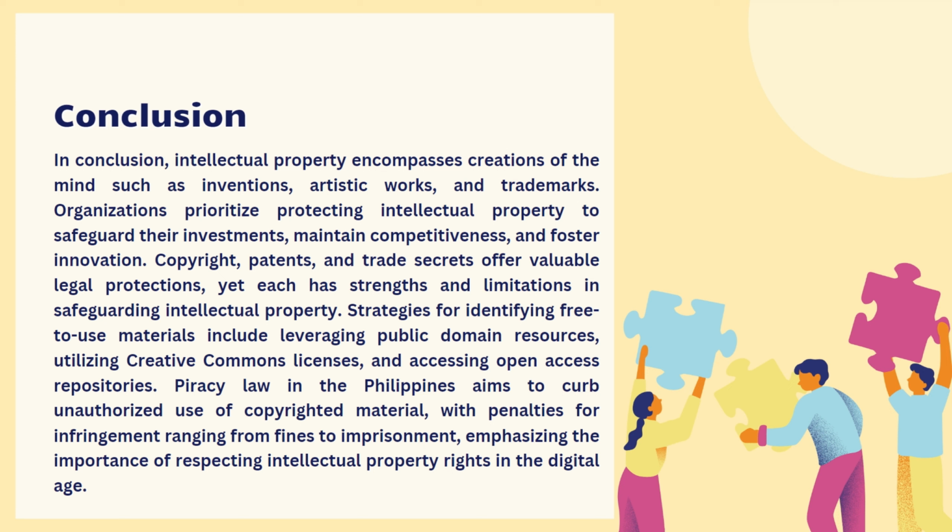Organizations prioritize protecting intellectual property to safeguard their investment, maintain competitiveness, and foster innovation. While copyright, patents, and trade secrets offer valuable protection, each has its own strengths and limitations in safeguarding intellectual property.